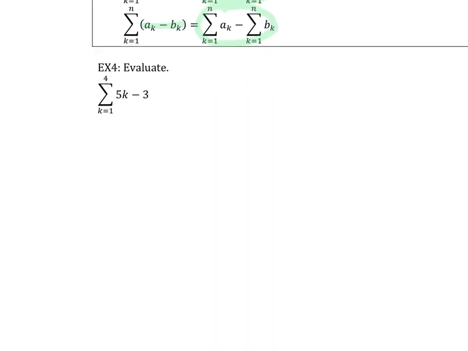Let's use this property to evaluate this summation. Now I could just expand it out, put in k equals 1, 2, 3, and 4, and then figure out what the sum is. Or I can notice that by these properties there is a subtraction, so I could split it up into two sums, where the first is 5k and the second one would be the number 3.